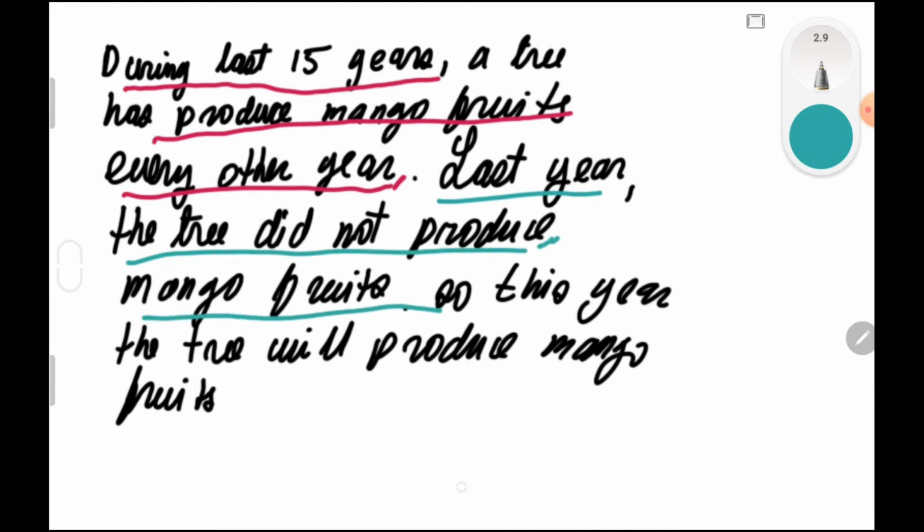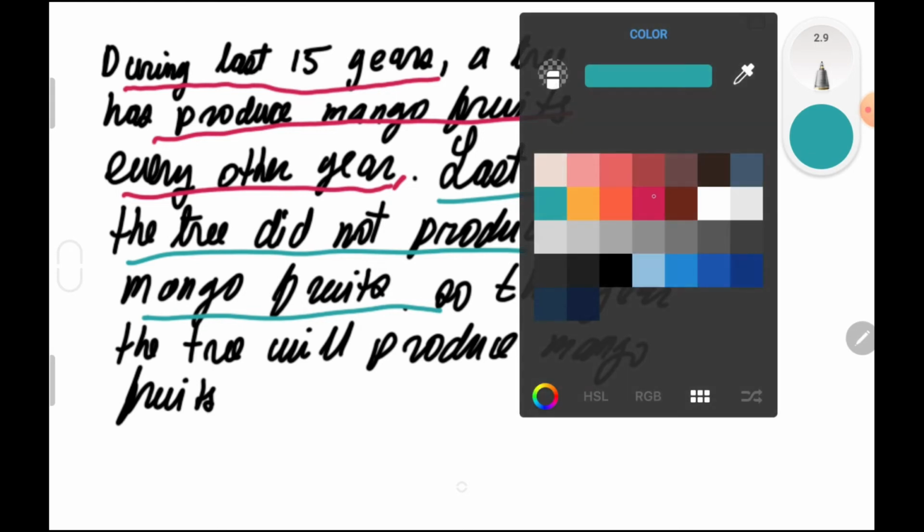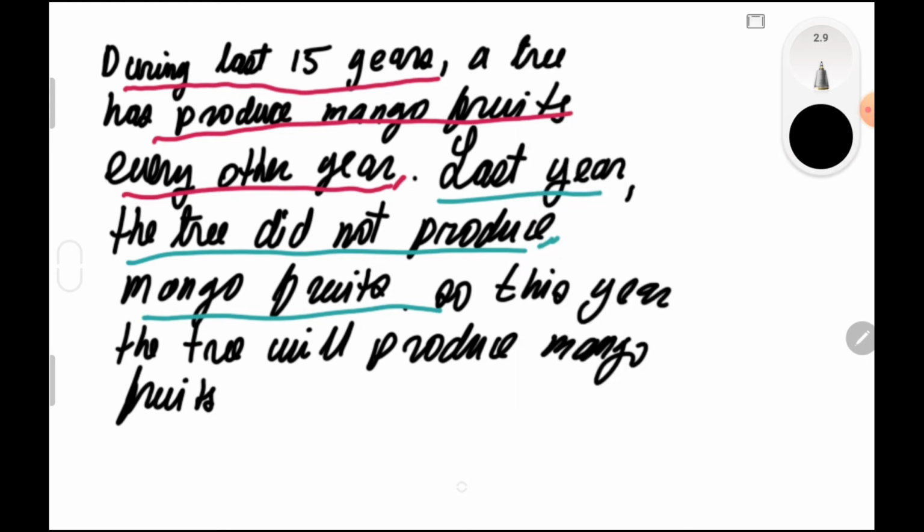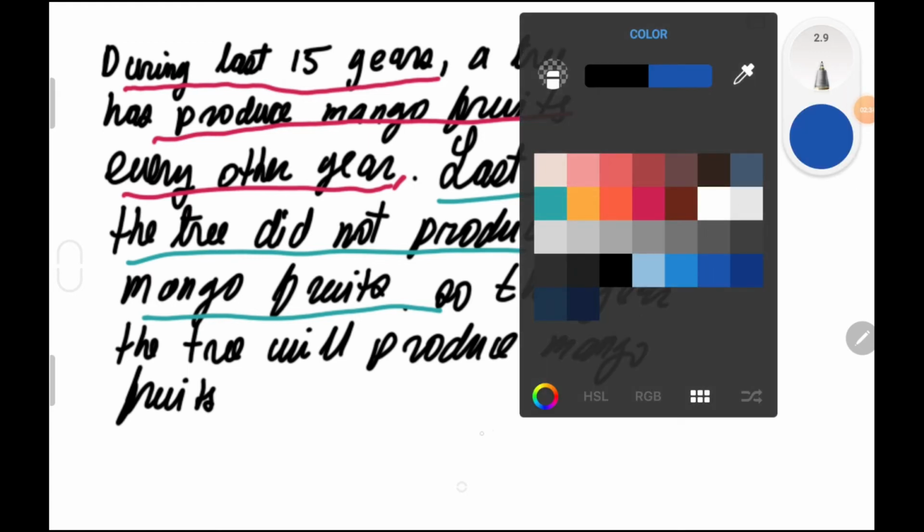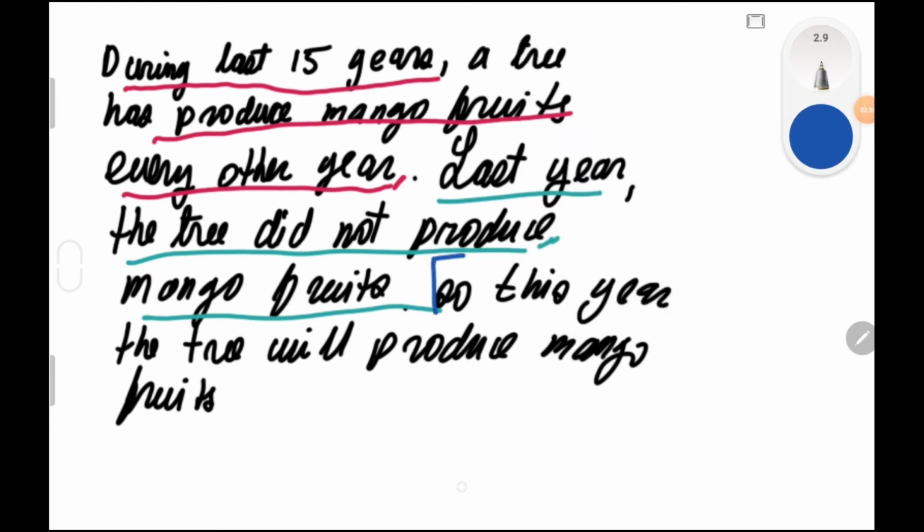Ngayon, since the tree did not produce mango fruits, therefore nagkaroon ngayon ng conjecture na this year, ito yung maging conjecture natin or yung conclusion niya.